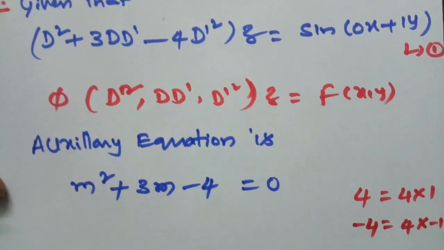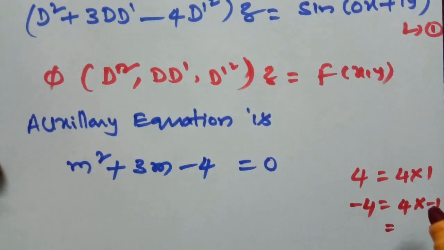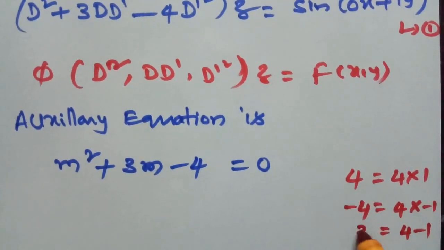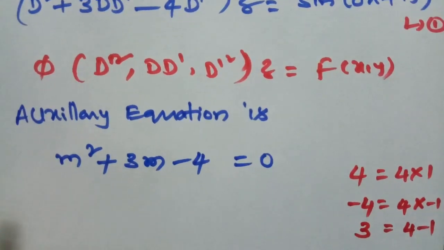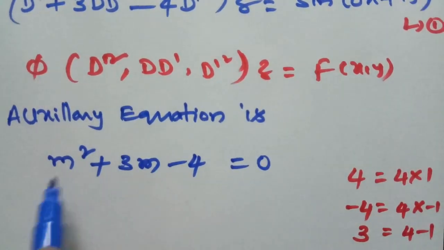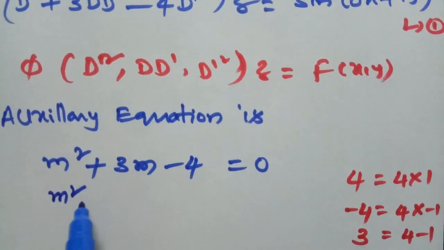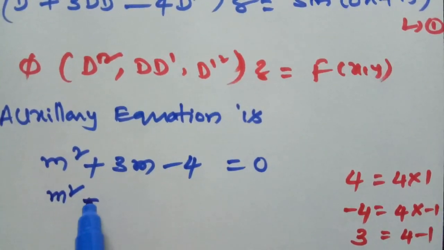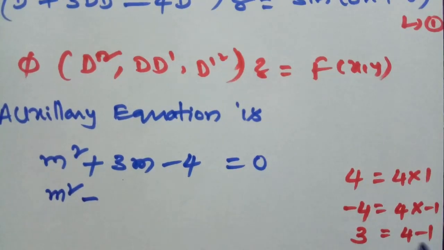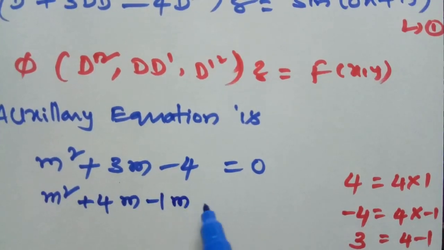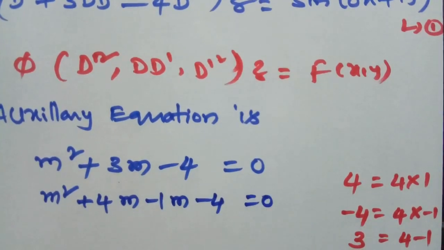To get plus 3m, this can be written as 4 minus 1, we get 3. Therefore, we are writing m square plus 3m as m square plus 4m minus 1m minus 4 equal to 0.